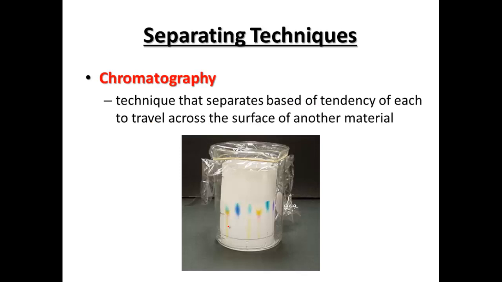Chromatography: separation of materials based on the tendency to travel across the surface of another material. This is an example we'll see in class, where different ink colors started out at the bottom here, and as the water or solution at the bottom was absorbed by the paper, and as that solution moved upwards, each of these inks, the dyes that they're made up of, moved up at different rates.